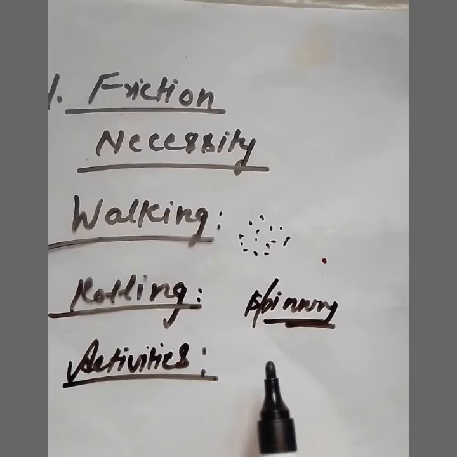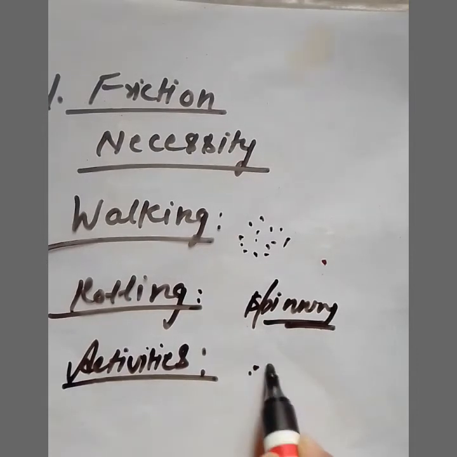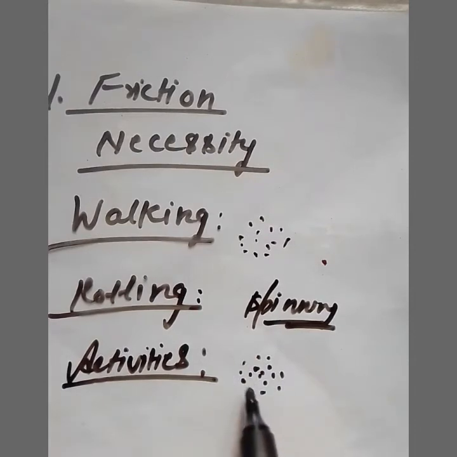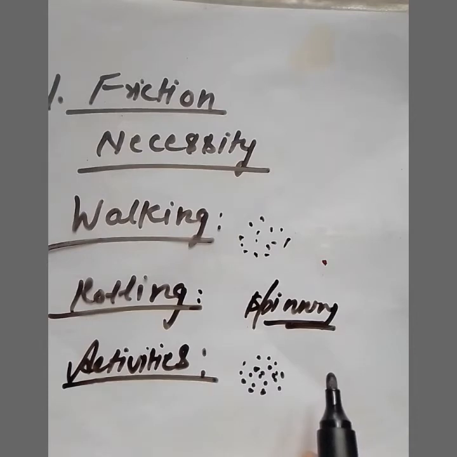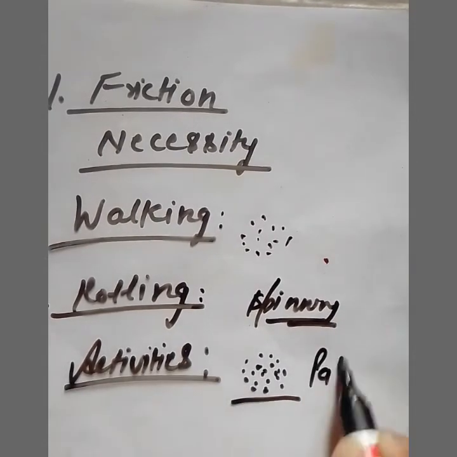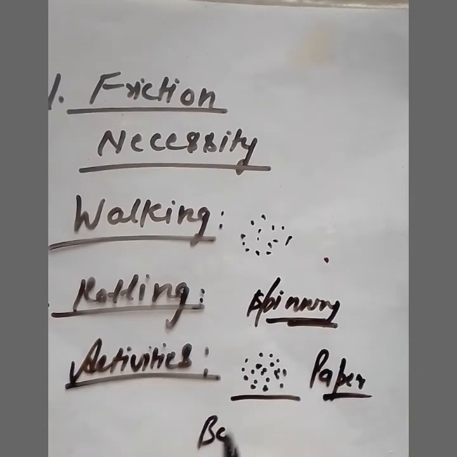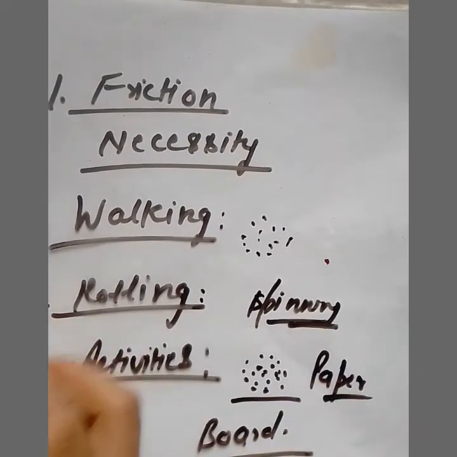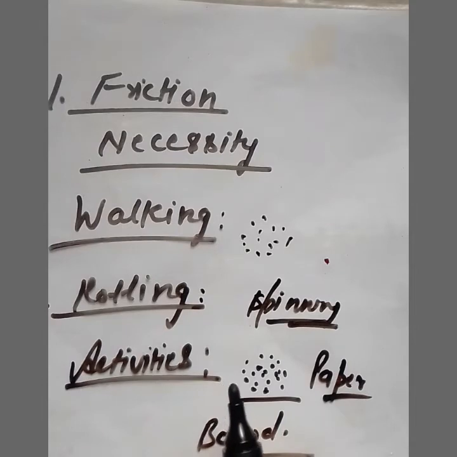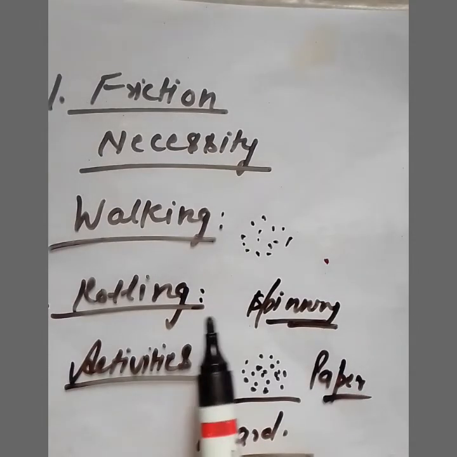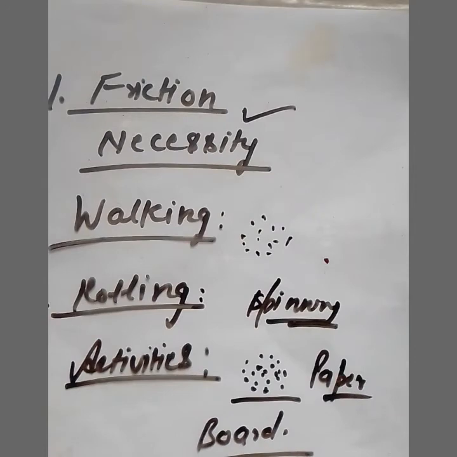When we write with a pen or pencil, that force holds the particles of the ink or chalk powder and makes those particles stick on the surface of paper or surface of board. So all these are the necessities, or we can say the advantages of friction, right?